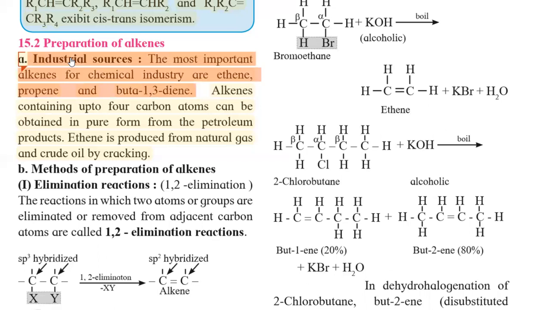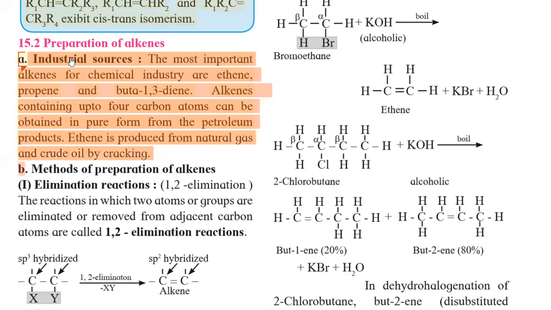So alkenes containing up to 4 carbon atoms can be obtained in pure form from petroleum products. Ethene is produced from natural gas and crude oil by cracking.